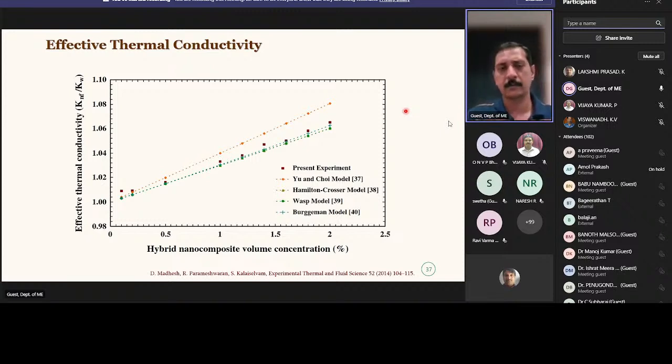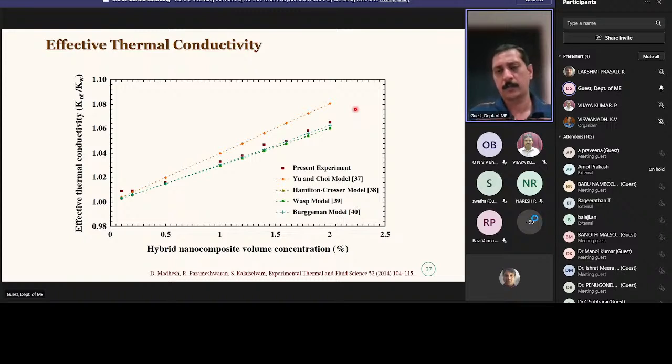As we could see from the lower concentration onwards to the higher concentrations of particle addition into the nanofluid, at lower concentrations these correlations could not well predict our experimental values, but at the higher concentrations all the values are well predicted and are in line with the already existing standard correlations.